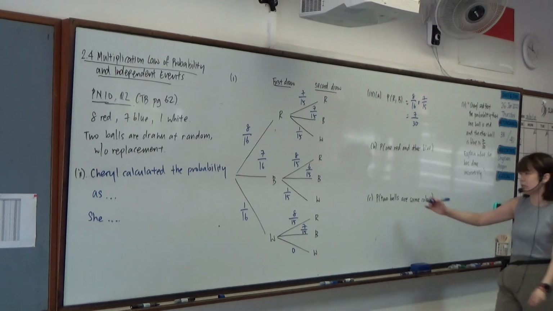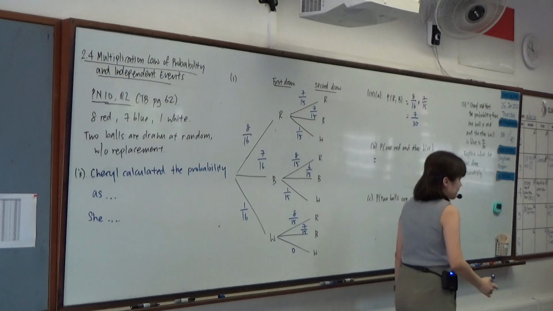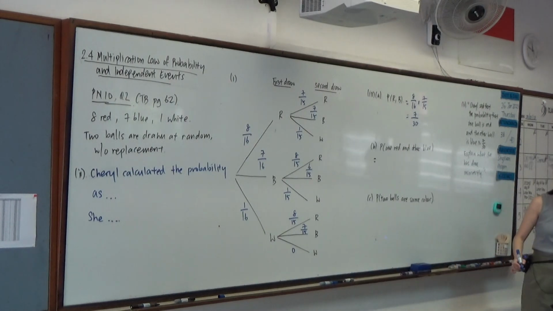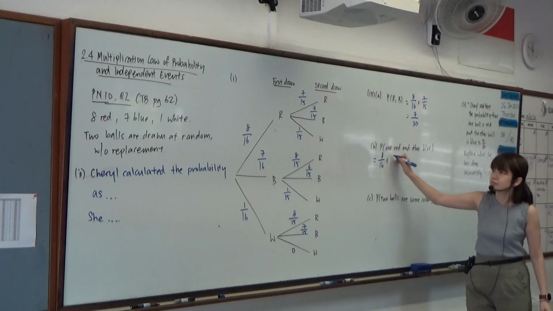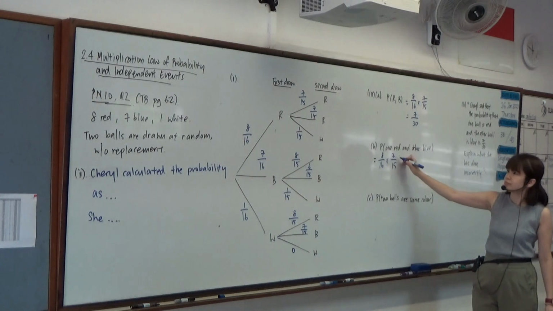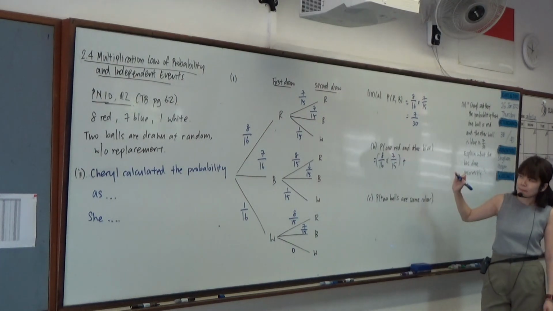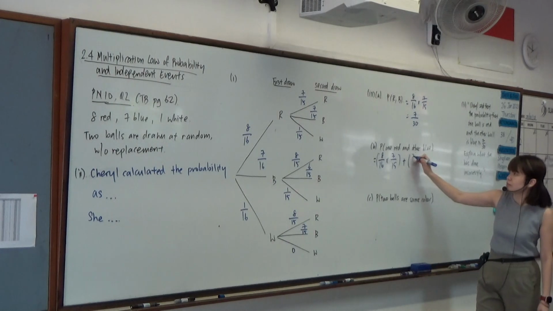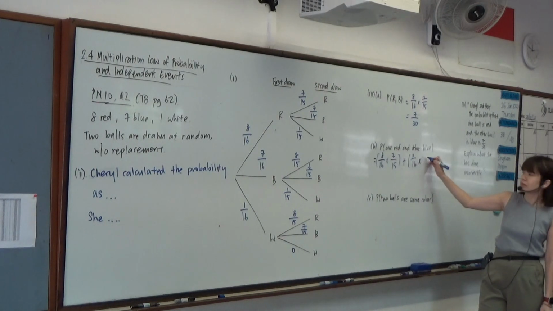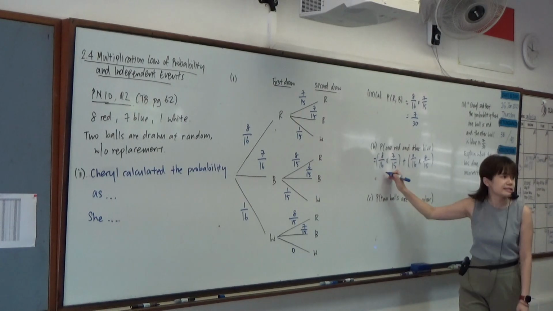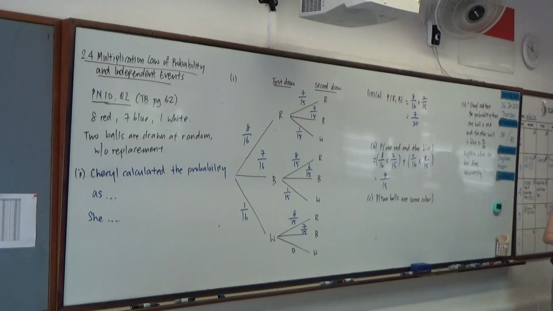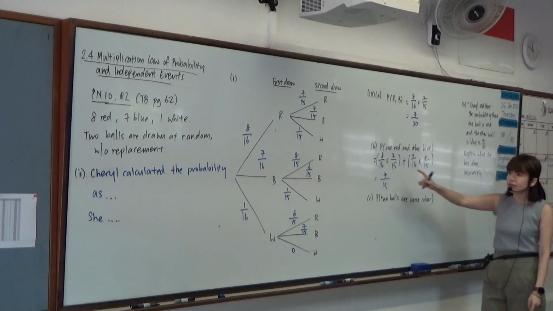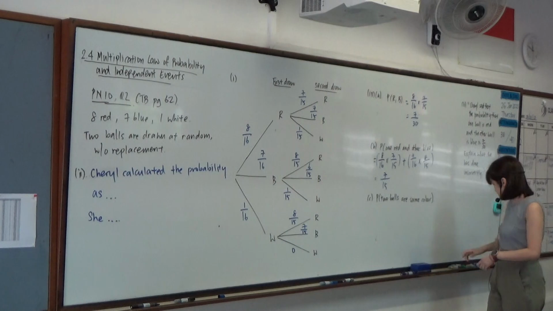So can you tell me what is your working? 8 over 16 times 7 over 15, times 8 over 15. And then you say 7 over 15. Right? I hope that we get this answer as well. The question did not specify which one comes first. So we need to consider both cases of red, blue, and blue, red.